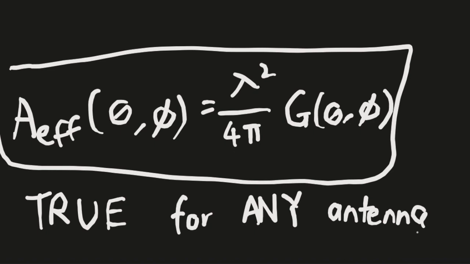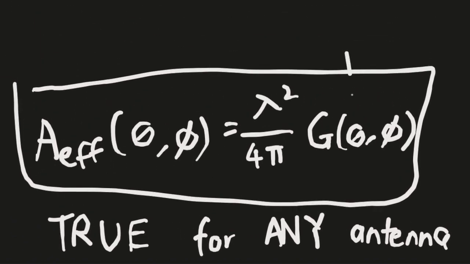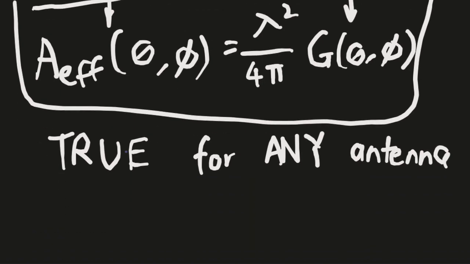It's true for any antenna, and the proof is based on thermodynamics, but I'm not going to cover the proof here. What this is telling us is that if I have a high power gain, so high directionality, then I also have a high effective area. So if it's a good emitter, it's a good receiver, and vice versa. That's what you would expect because of how radiation works.